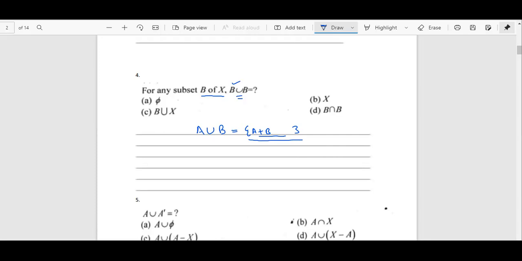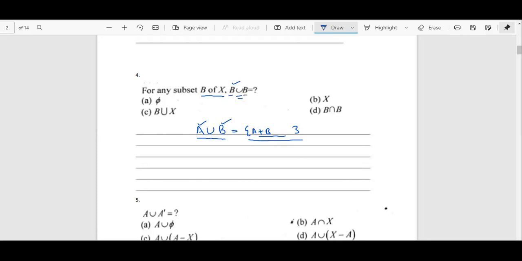So we define union this way. I write the elements of A, I write the elements of B, and if any elements are coming in common, I just write them once, okay? So here if I talk about B union B, now B and B, both these are same.